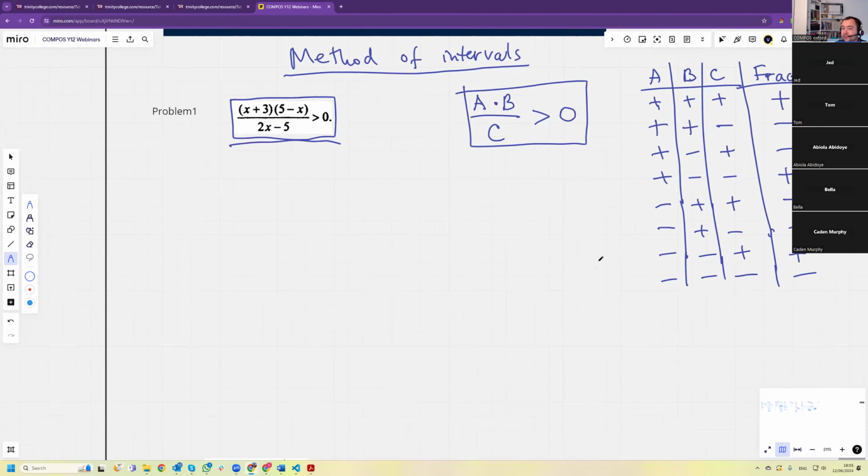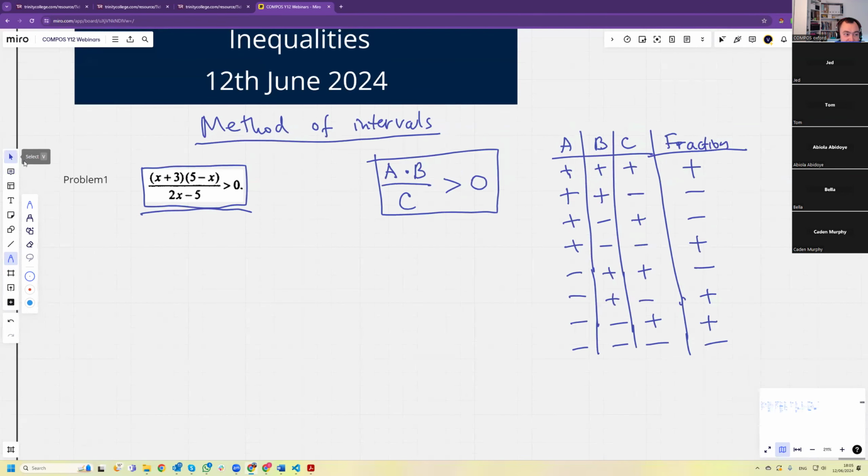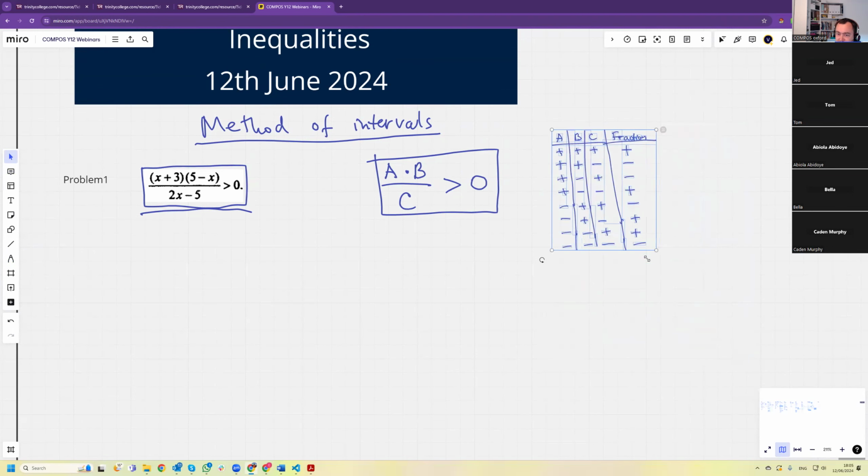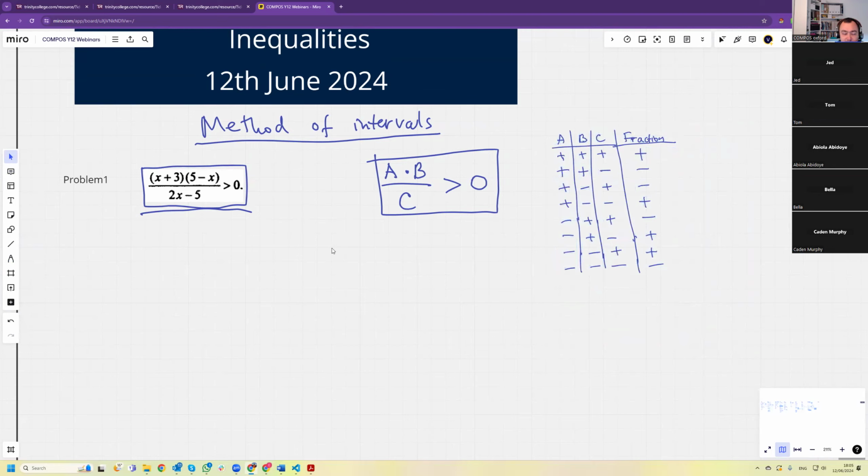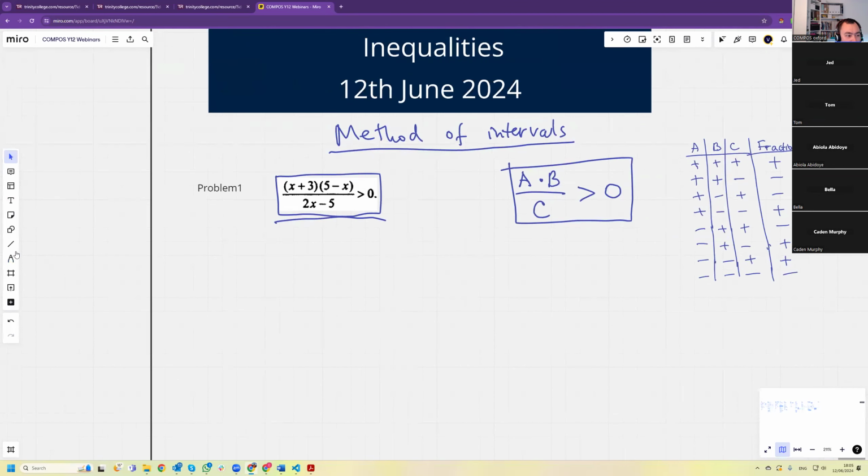I'm not going to work through all of this; it's not easy, and it's not very informative. What I want to know is when are they positive and when are they negative?